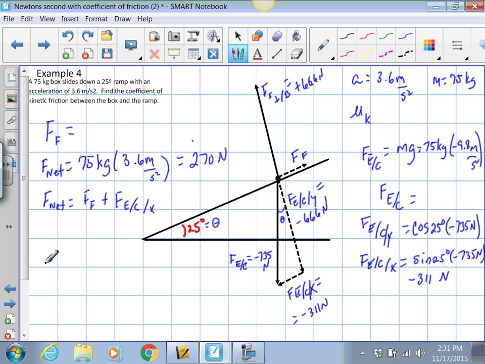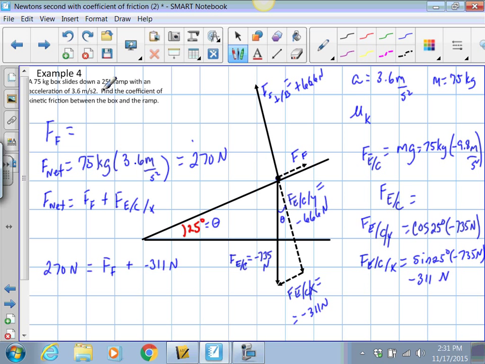So now we have 270 newtons. We're going to have to watch signs on this. I'm going to write it out first, though. 270 newtons is equal to force of friction plus negative 311. Does the problem say anything about direction? Sliding down.